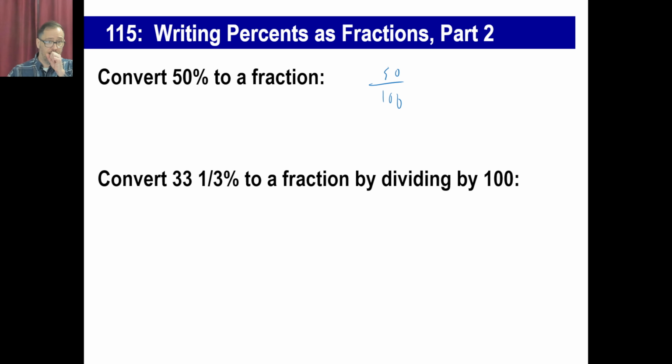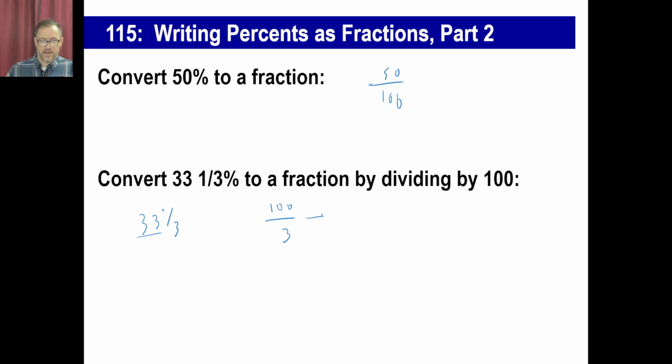Here's another one. Convert 33 1/3% to a fraction by dividing by 100. Now, you probably already know 33 1/3% is just 1/3, right? Well, let's do the method here. So 33 1/3, in other words, this is what it looks like. Now, if somebody were to tell you to turn that into an improper fraction, you would go, okay, no problem. 3 times 33 is 99 plus 1, that's 100 over 3.